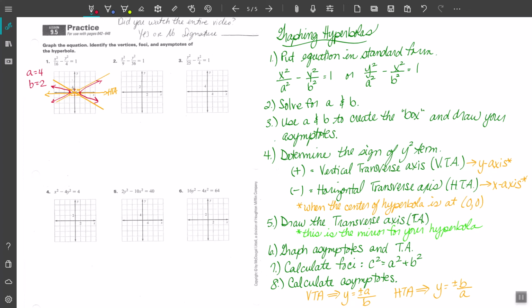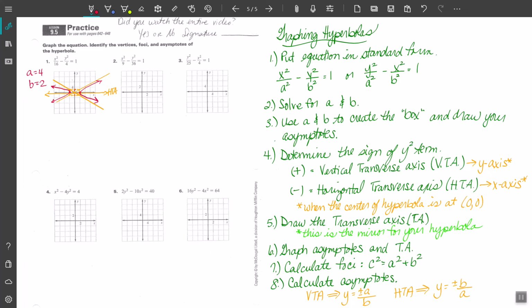If I drew it the other way, with the vertices at 2 and -2, I'm going the wrong direction. That wouldn't be a transverse axis, that was the y axis, and I don't want that. I want it to be the x-axis. So that's how I know that they're going to open left and right instead of up and down.